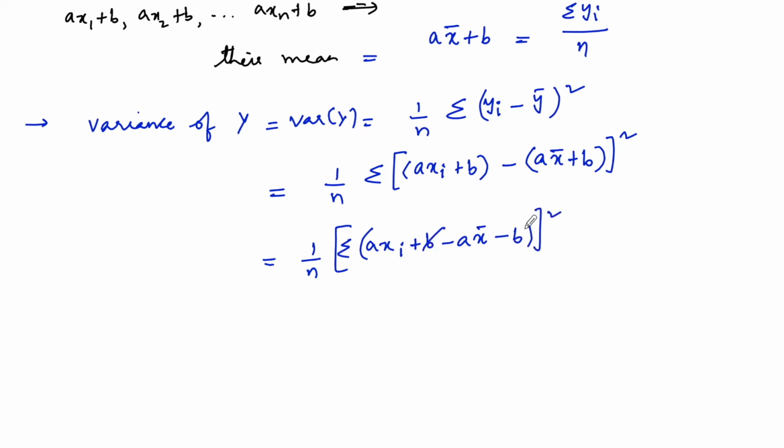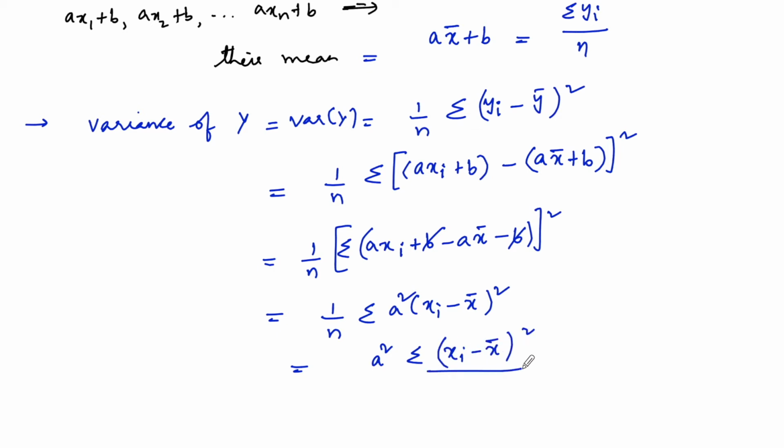So we can cancel b and b and we can take a common, summation a times of xi minus x bar whole square. So we can also write square for a. So a square is independent, we can take it outside and write a square into summation of xi minus x bar whole square divided by n.